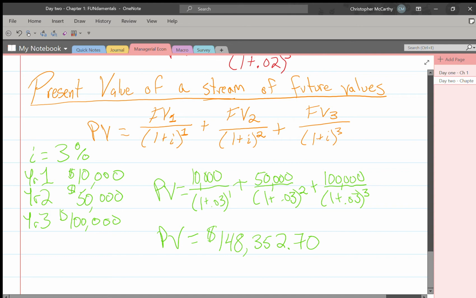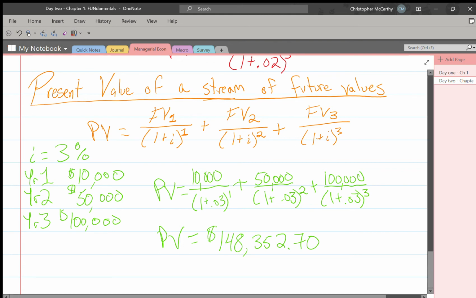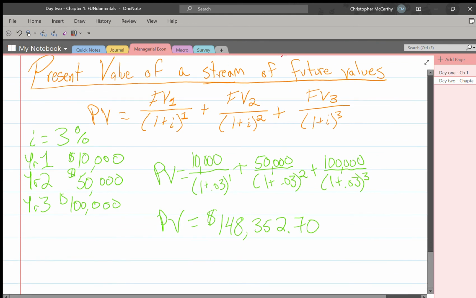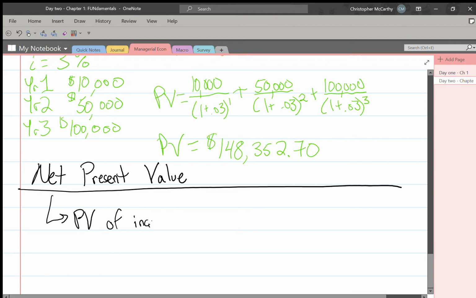Okay. One more definition, and then we'll do another question from the book. We'll do number 10 in a second. So real quick, we've got to talk about net present value. Net present value is just the present value of the income stream minus the current cost of the project.